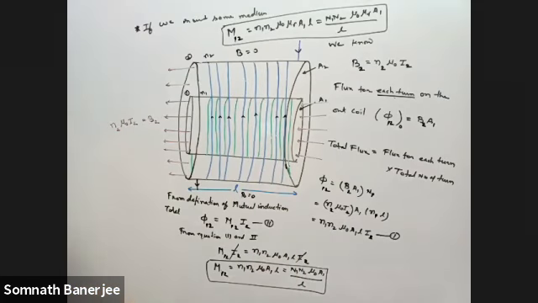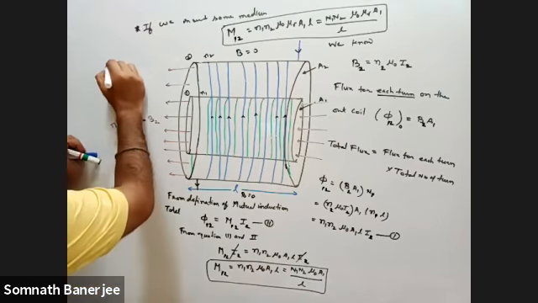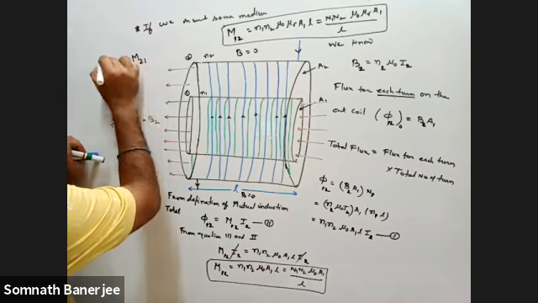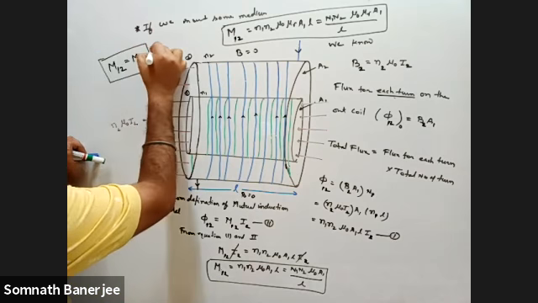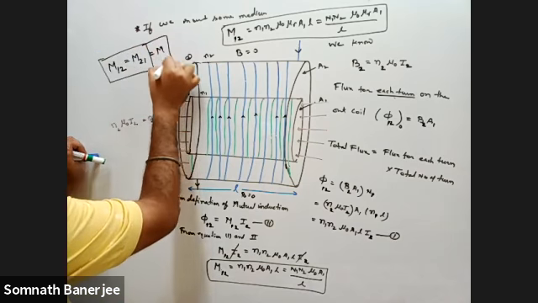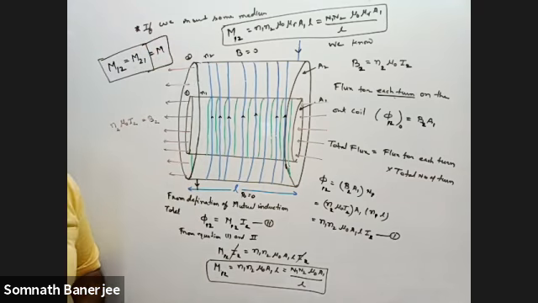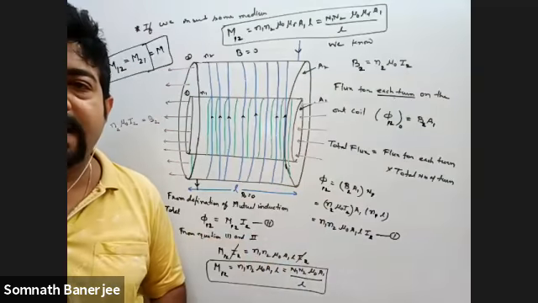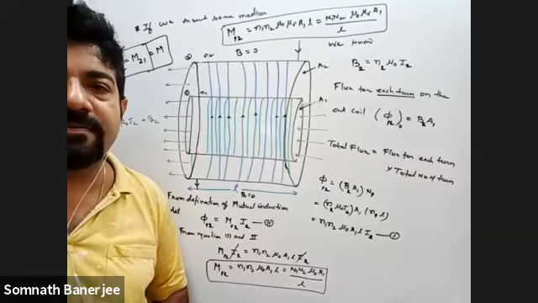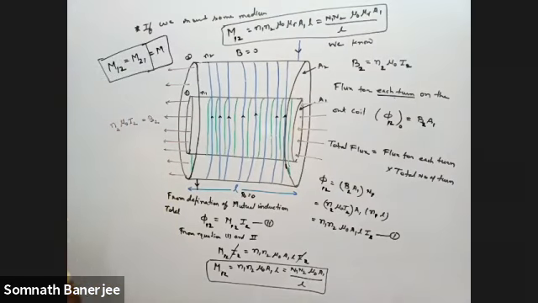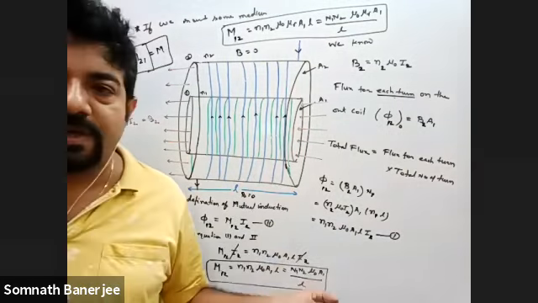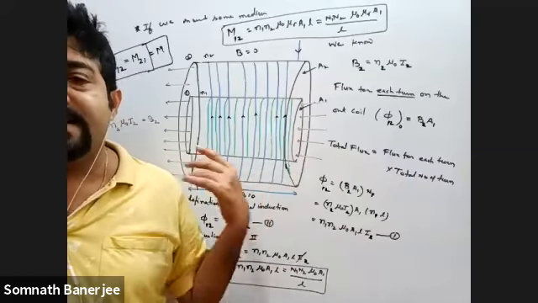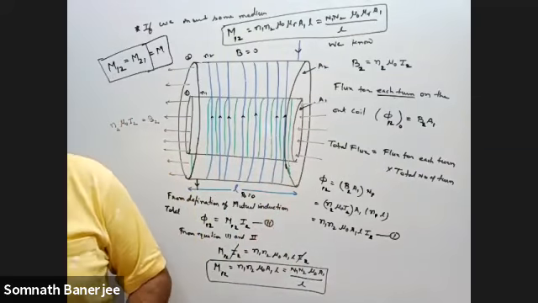From this derivation we can say one thing: mutual induction at 1 due to 2 and mutual induction at 2 due to 1 are equal. So we can write mutual induction as M. At 1 due to 2 and at 2 due to 1, they are exactly equal in value. So mutual induction basically depends on the common area and common length. That's why their values are exactly the same.